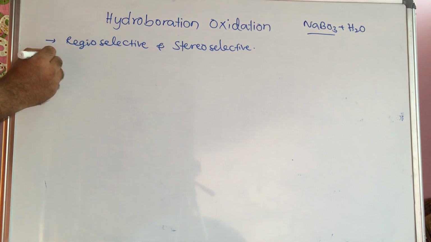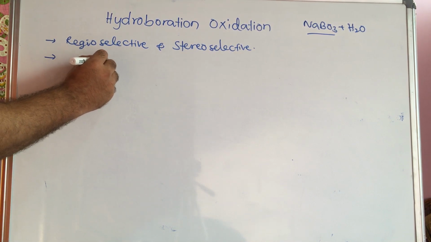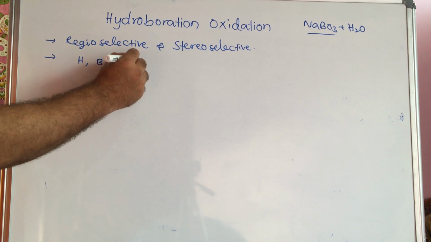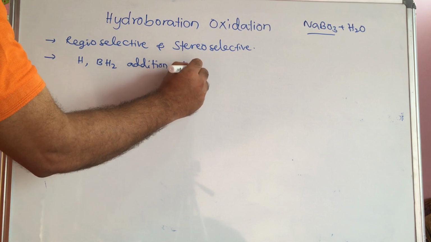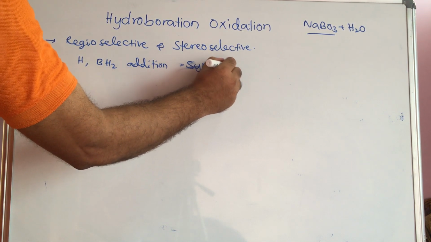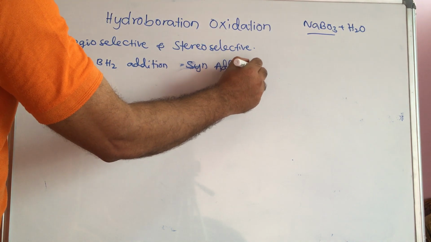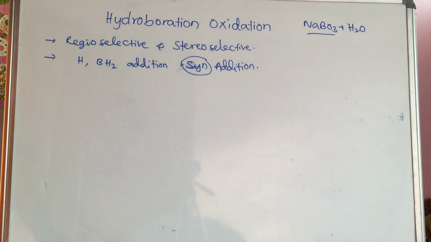First point. The second one is that H and BH2 addition is syn addition, not anti-addition. Syn means both hydrogen and BH2 will be added to the same side of the double bond.